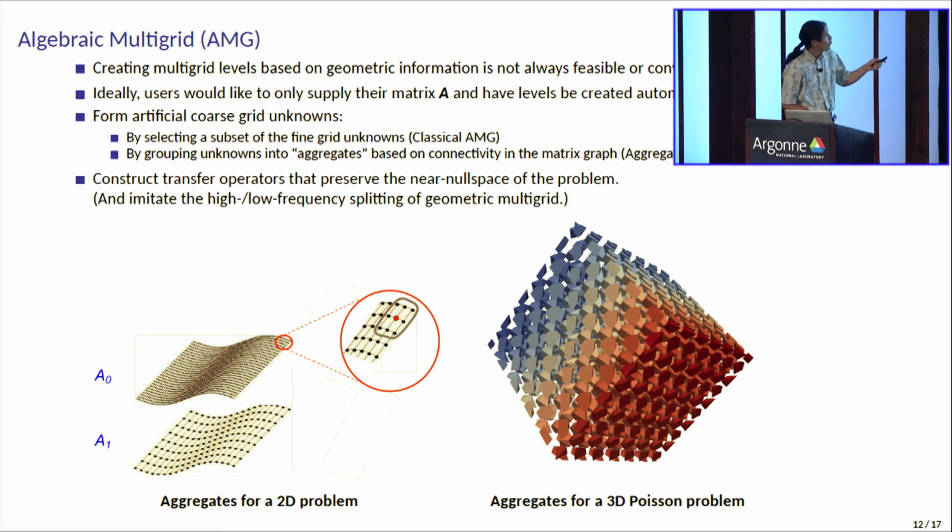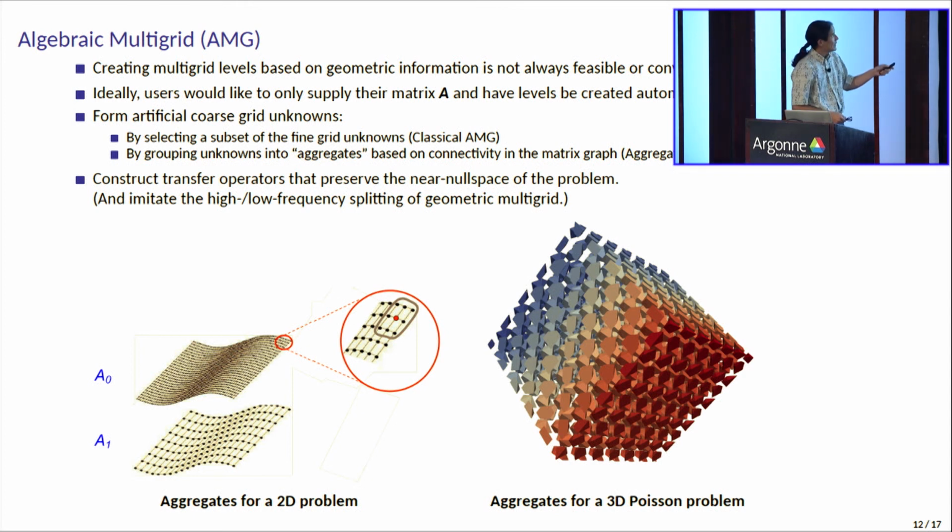There are kind of two main classes of algebraic multigrid. There's what I will refer to as classical algebraic multigrid. This is what's done in Hypre, where you start with the fine grid unknowns and you select a subset of those to form your next coarse level, and then you repeat.